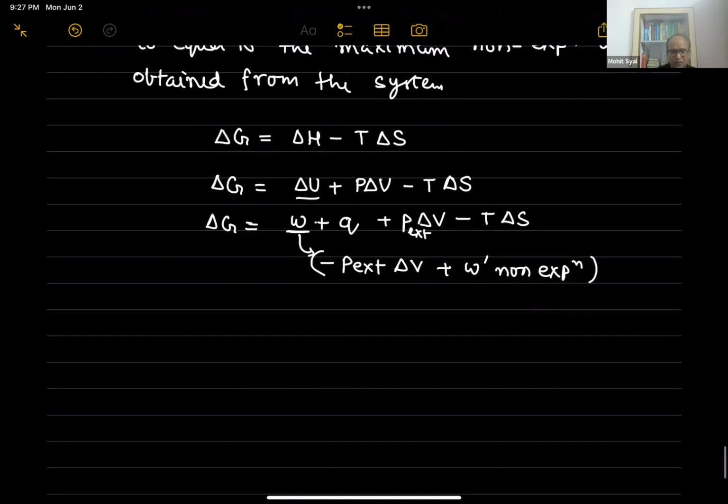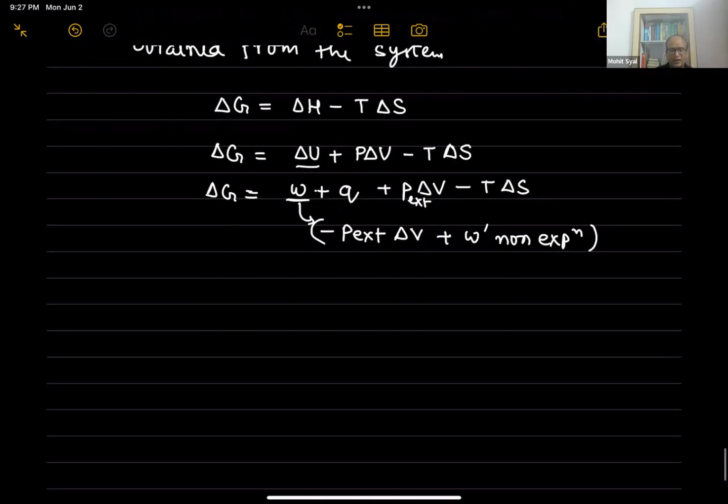And all of these terms are going to get cancelled, and we are going to end up with the non-expansion work done, minus P external delta V. And what is Q?